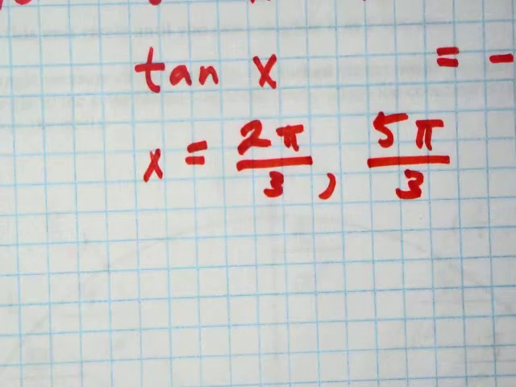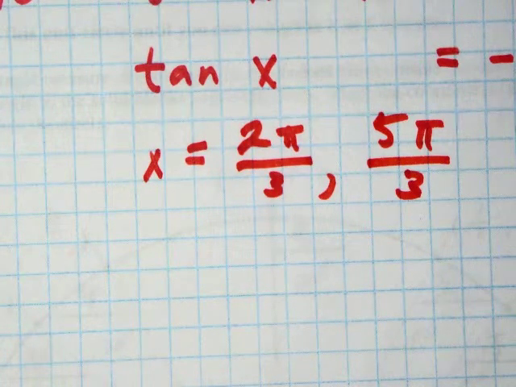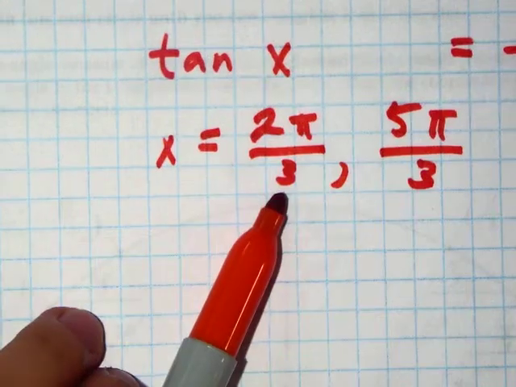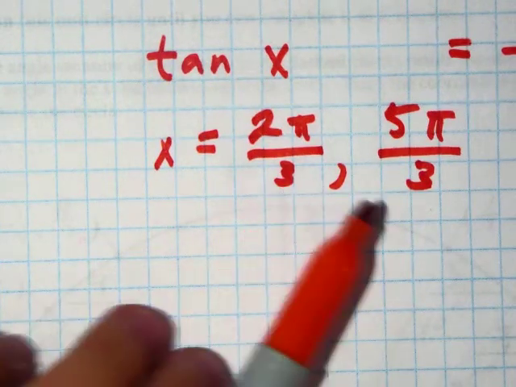Now, tangent of x repeats itself continuously. What is the period again of tangent of x? Think about that for 1 second. The period of tangent of x is pi. So we can see that our answers will be 2 pi over 3 plus another pi.